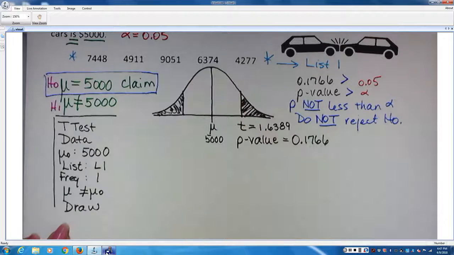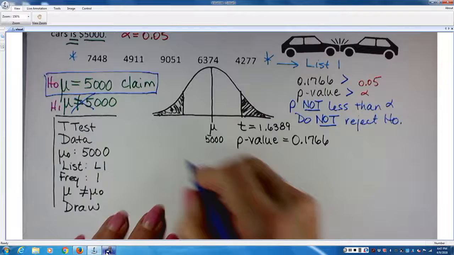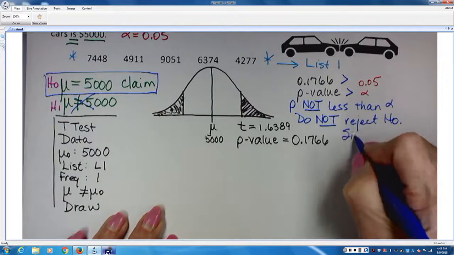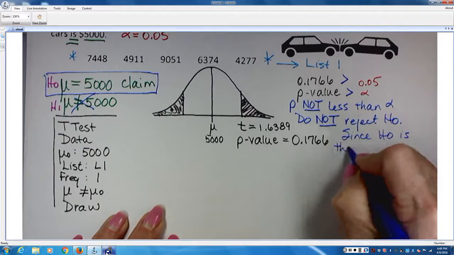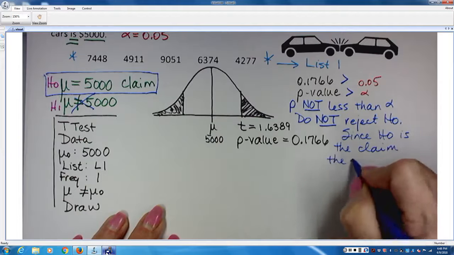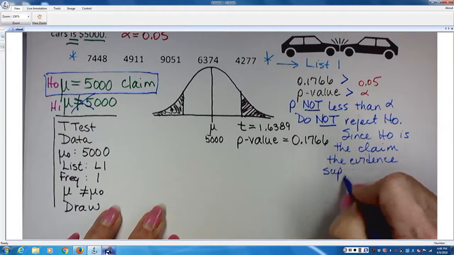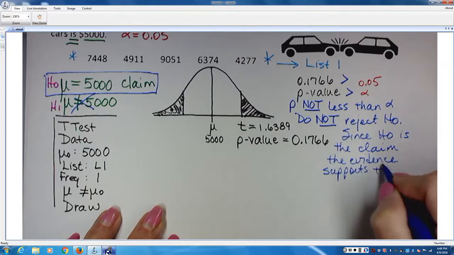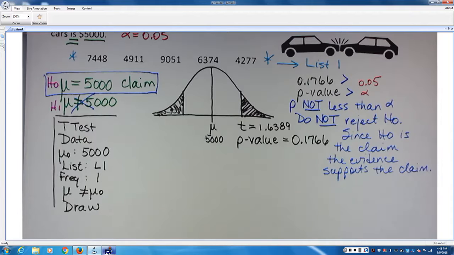So this is what we think is true, and this is what we think is not true. H0 is the claim. Since I chose the claim, the evidence supports the claim.